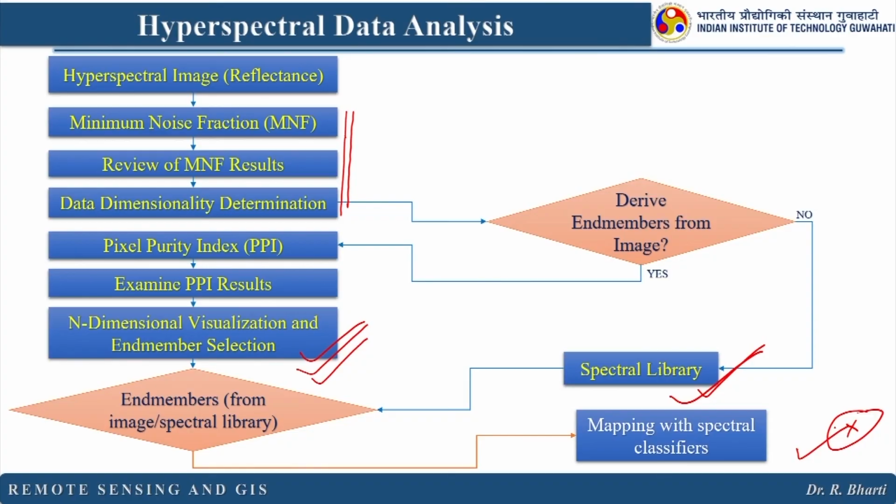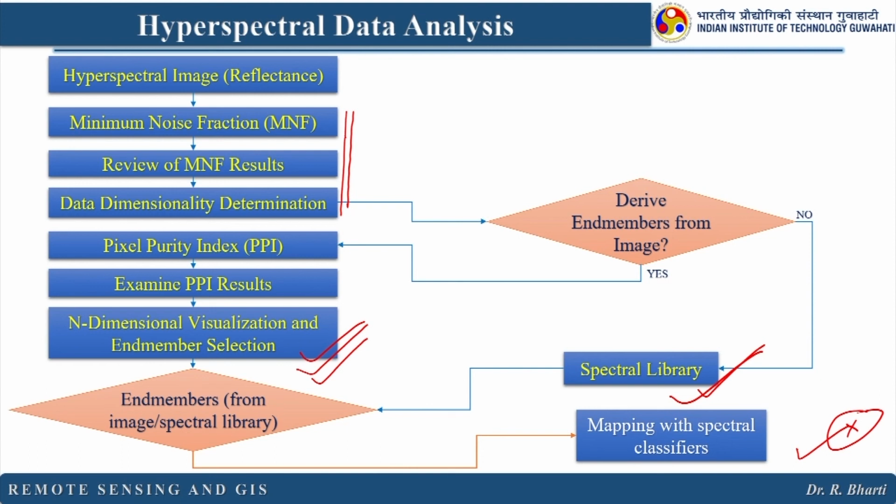Now, in both the cases, ultimately we are using spectral classifiers. In case I am using end members from the image, then I will get some classified output, but we have not studied the end members.